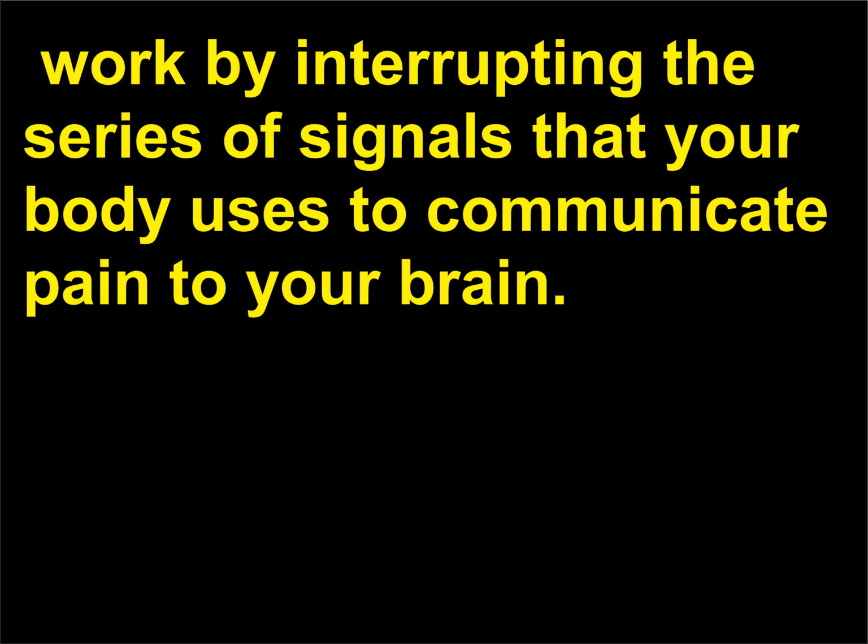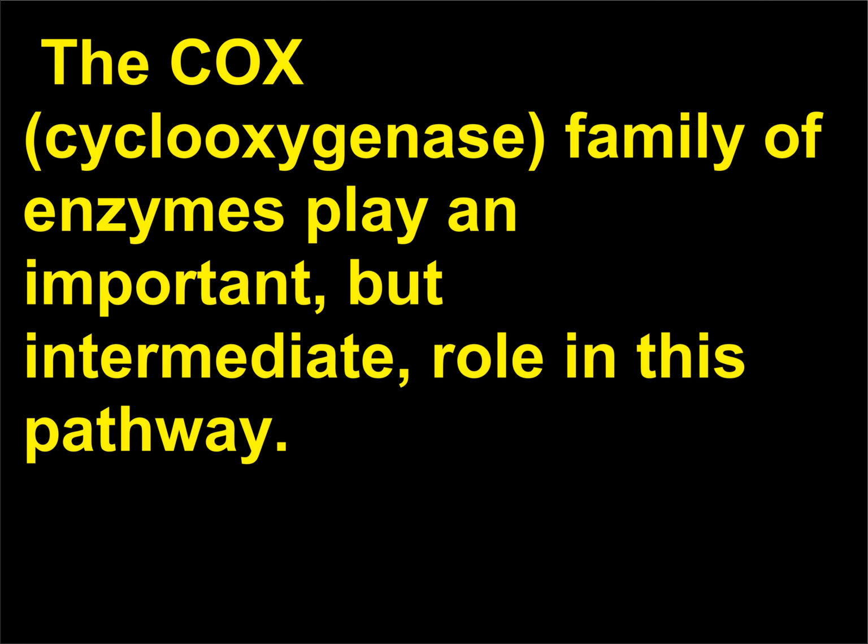Ibuprofen, and other drugs like it, work by interrupting the series of signals that your body uses to communicate pain to your brain. The COX, cyclooxygenase, family of enzymes play an important, but intermediate, role in this pathway.